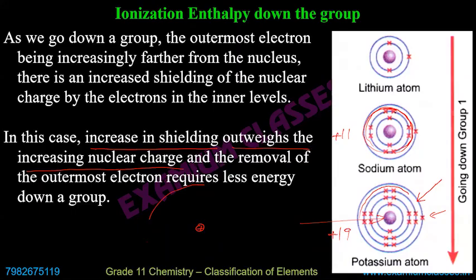These electrons repel each other too much. There are too many electrons, and that's why size increases. And because the valence shell is now very large, the force of attraction is less. The nucleus does not have much effect on the valence electron.